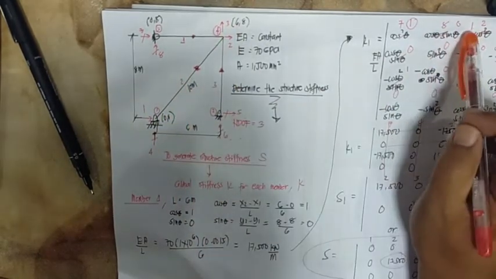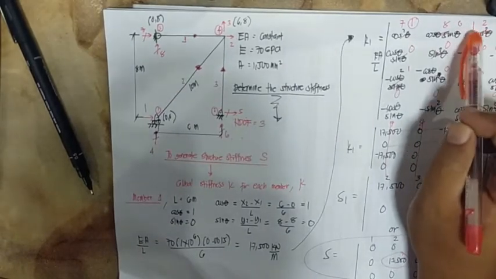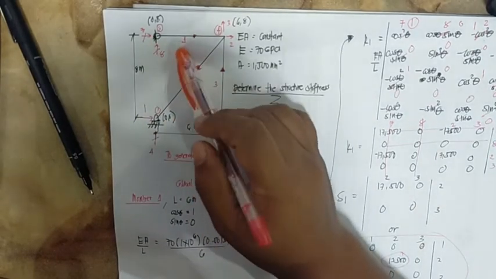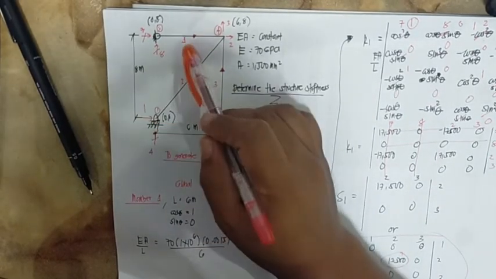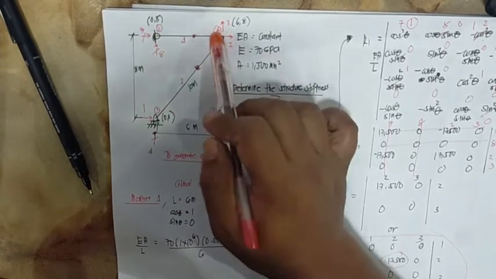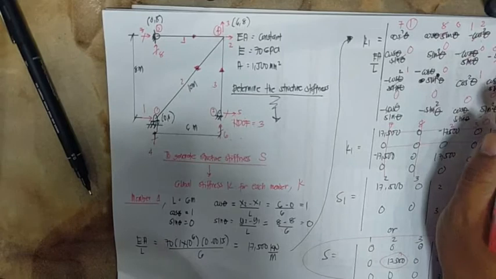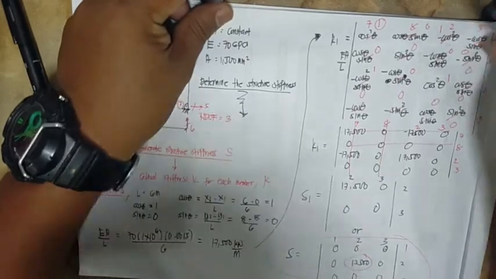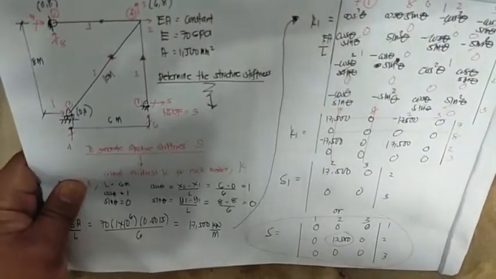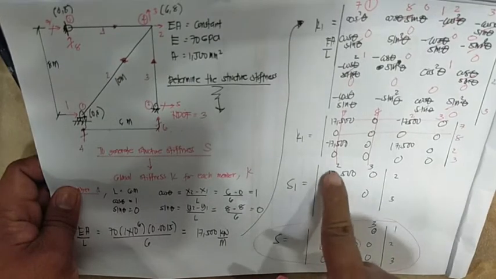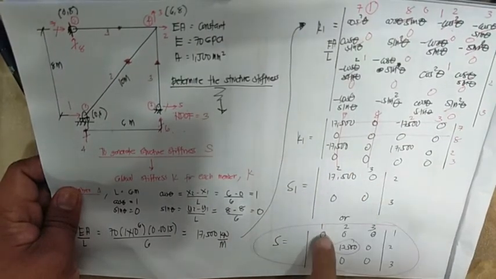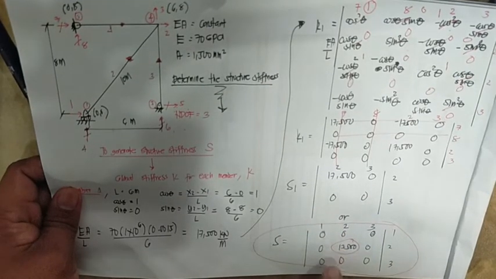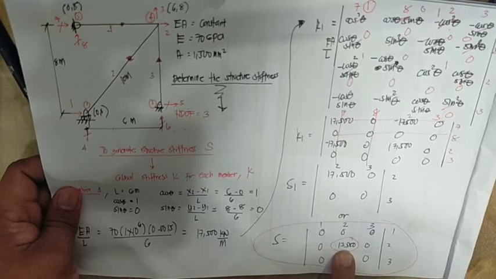So, you focus on 1, 2, 3. Considering member 1, we don't have 1 as part of the matrix, but we have 2, 3, but no problem. Writing the whole structure, you put 1, 2, 3, 1, 2, 3. So, in this structure stiffness at member 1, we have only 17,500 kilonewtons per meter.